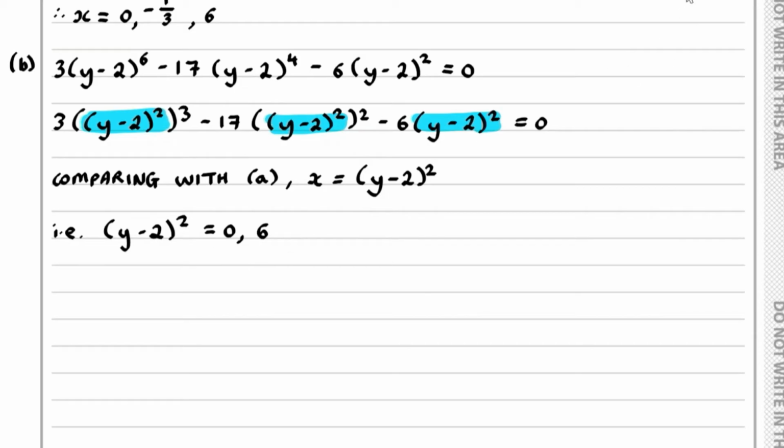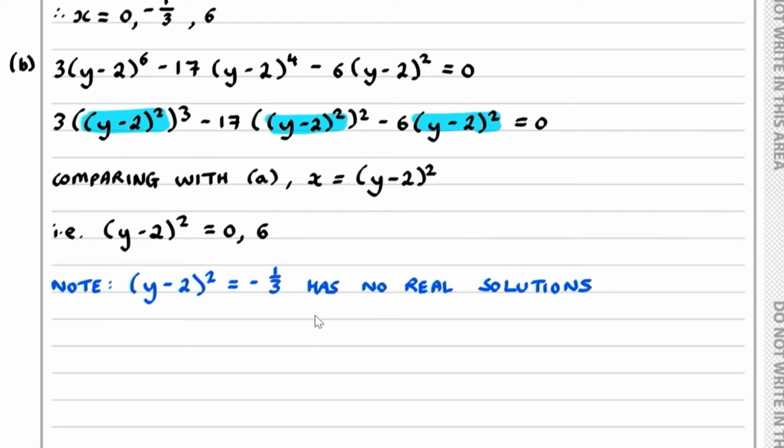Let's just make a note why that's y minus 2 all squared equals minus 1/3 has no real solutions. Of course, we cannot square root a negative number.